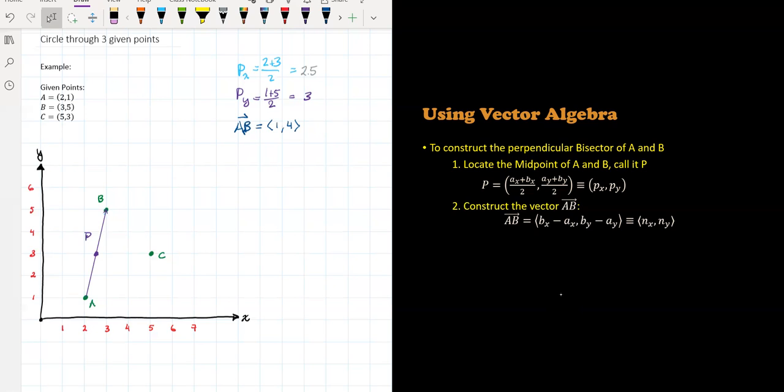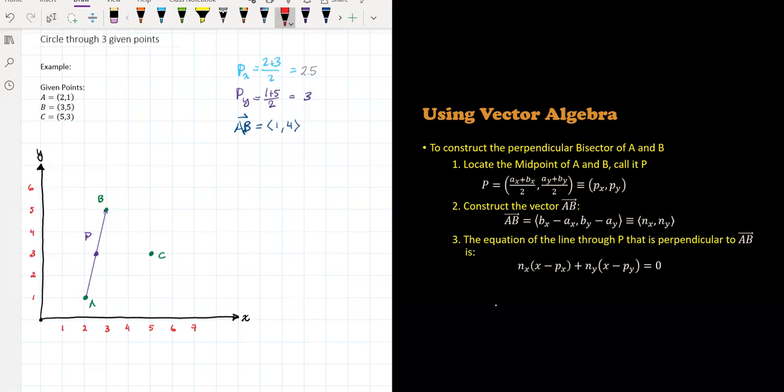The line that we want goes through P and is perpendicular to this vector AB. And so that's why I called it nx, ny. It's a normal vector to our line, and so we can use the normal form for the equation of a line. So the equation of our line that is perpendicular to this would be, so we've got nx, so there's 1.